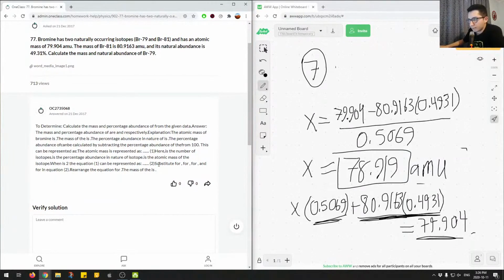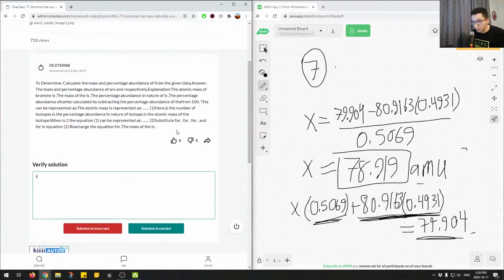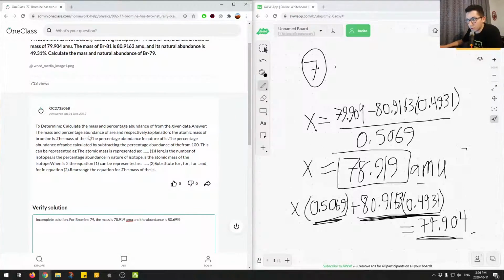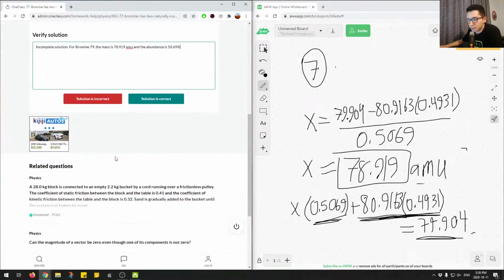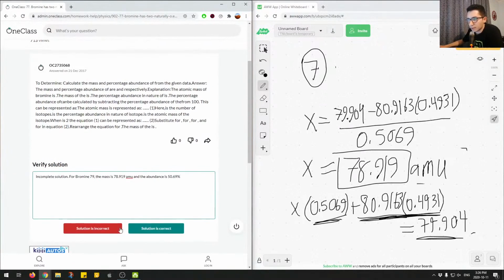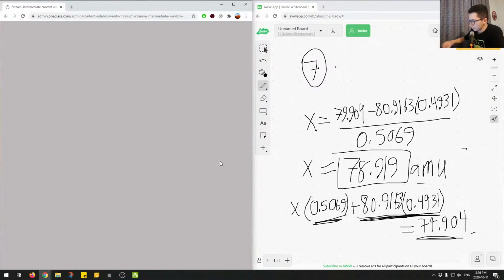So this is an incomplete solution for bromine 79. The junior tutor doesn't provide the full numerical answer, so we went through the calculation and did the math here, and we'll mark this as incorrect.